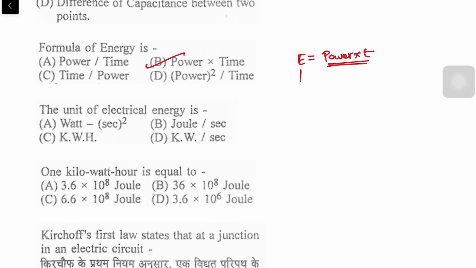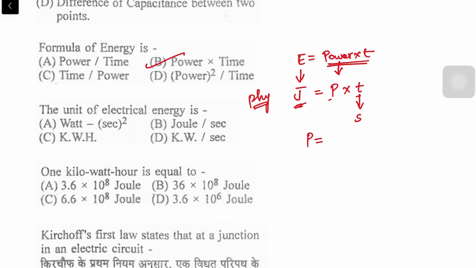Fine. And if they ask the unit of energy, so what is the unit of power? We will talk in terms of physics. Generally in physics, you know the unit of energy is joules. And energy is equal to power into time, isn't it? The unit of time is second, and the unit of energy is joules.